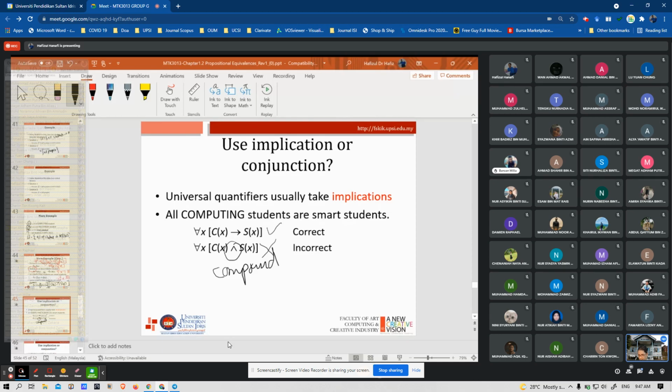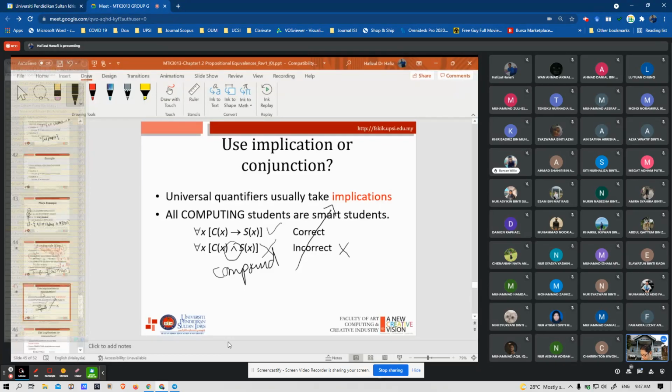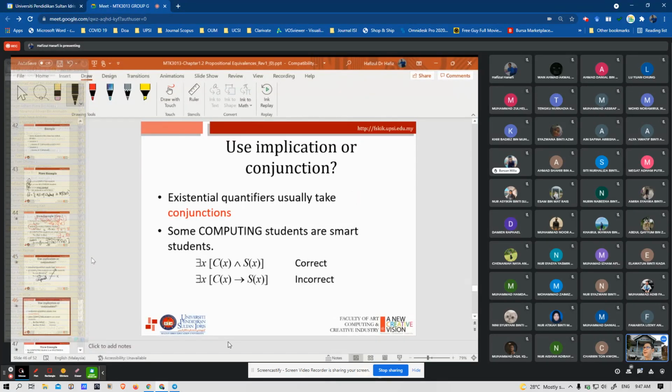In the universal quantifier you need the implication. Existential, yes, you need to have conjunction, but for the universal quantifier you need the implication. Conjunction is meant for existential.